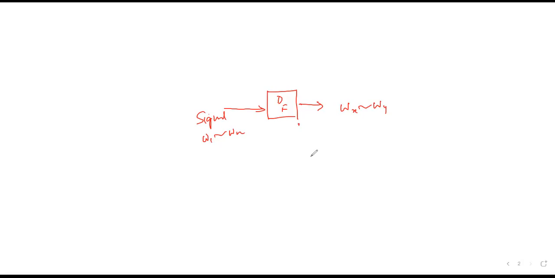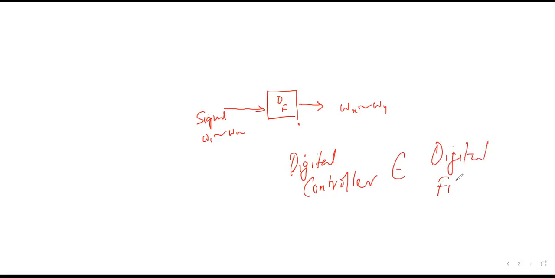In some sense, the digital controller is also a subset of digital filters. In a digital controller, we also do a similar thing: we allow some kind of signal, and based on that, we shape the output. So a digital controller is basically a subset of digital filters.